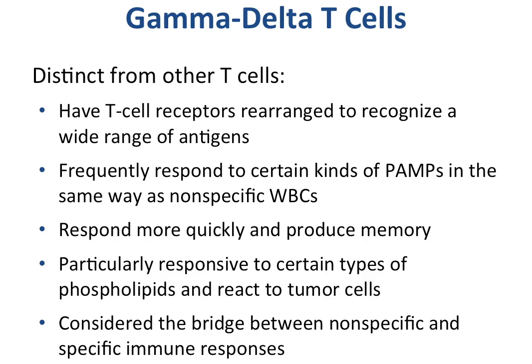They can recognize a bunch of antigens. They can respond so quickly and have memory. They can also attack the tumor cells. So it's considered a bridge between the non-specific and the specific immune response.